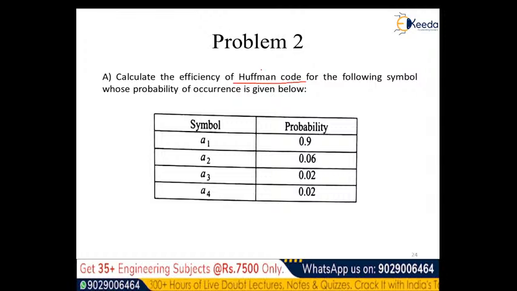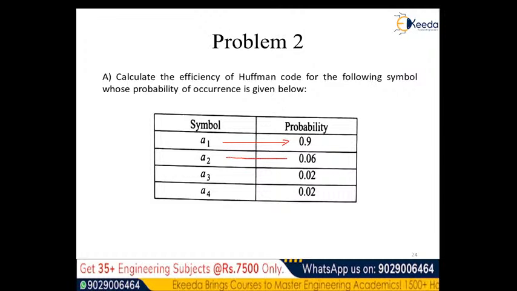So Huffman code is very popular here. We have been asked to calculate the efficiency of the Huffman code for the symbols provided in this particular table along with the corresponding probabilities of occurrence. Now you see there are 4 symbols in total, small a1 to a4. For small a1, the probability of occurrence is 0.9.